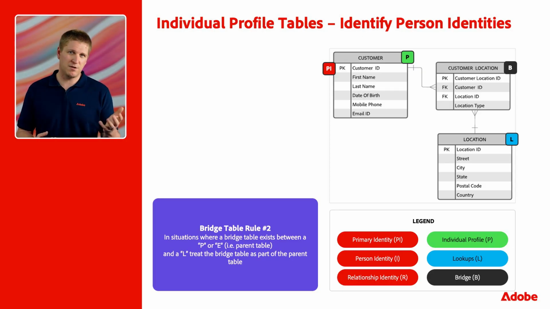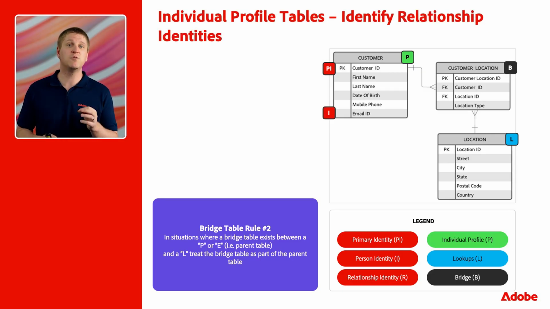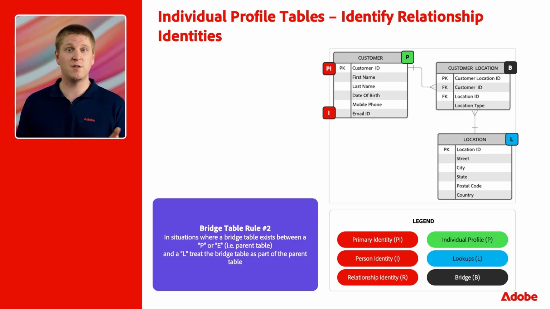In this demo data model, we know a little bit more information up front, and I know that the email ID is unique in context of the customer ID, meaning it'll never repeat for a different customer ID. But I also know that the mobile phone is not unique. This may mean the mobile phone is consistently being used across multiple customer IDs or multiple email addresses, or maybe it's just not populated at all.